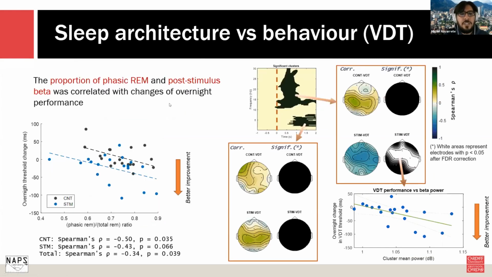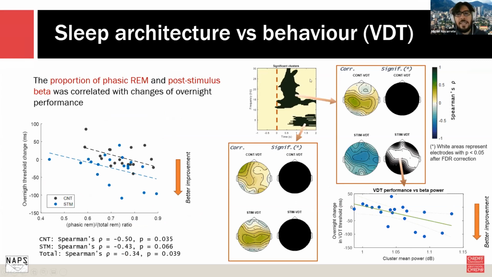Now, what happened with the EEG and the task? First, we found that the proportion of phasic REM, that means the time in REM where people have a high density of saccades, is directly related to the change in performance of the task.